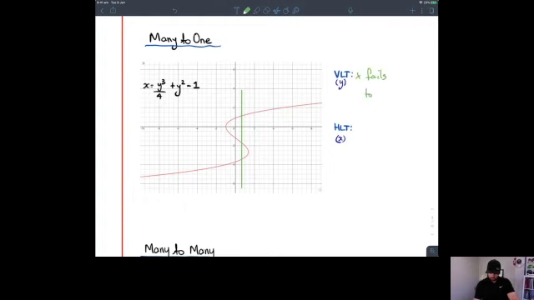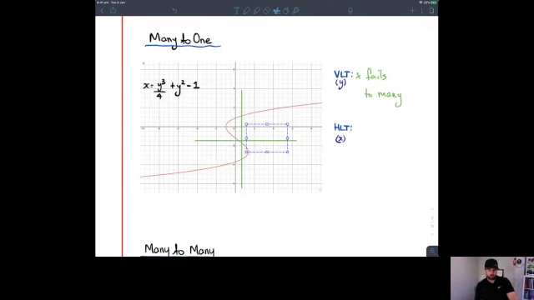So this is something that is too many. If we look at the horizontal line test and we move our horizontal line anywhere on this curve, the horizontal line only intercepts it once.